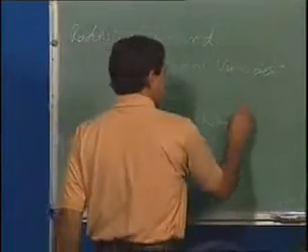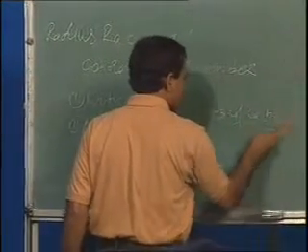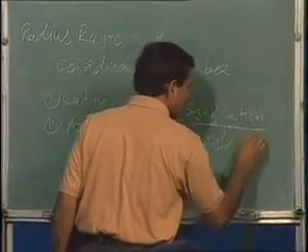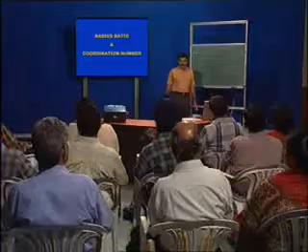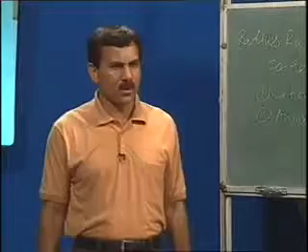So size of cation divided by size of anion. So we get a fractional number mostly, and that number is known as the radius ratio.